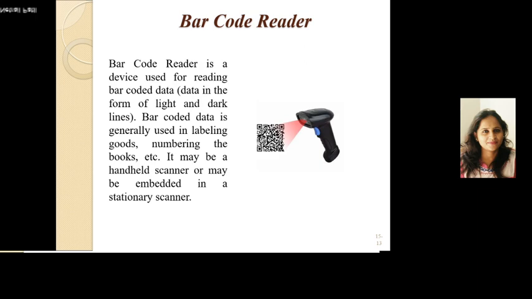Barcode reader scans a barcode image, converts it into an alphanumeric value which is then fed to the computer to which the barcode reader is connected. A barcode is nothing but data coded in the form of light and dark bars.